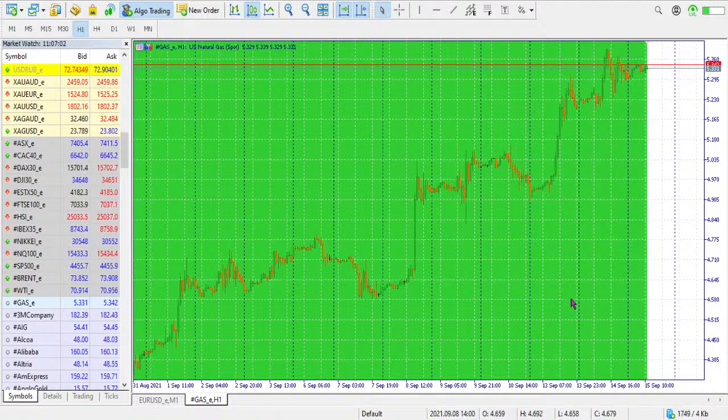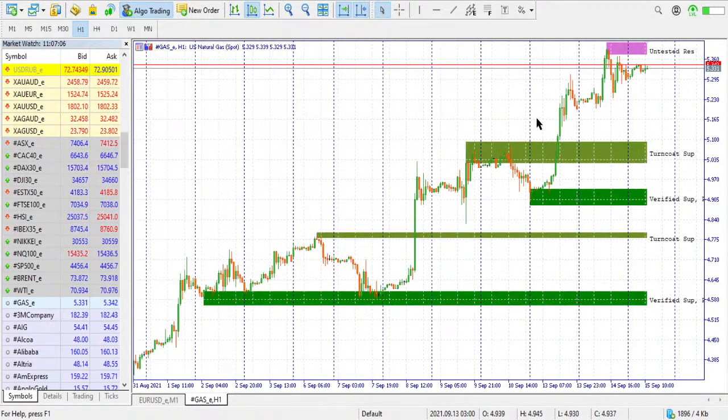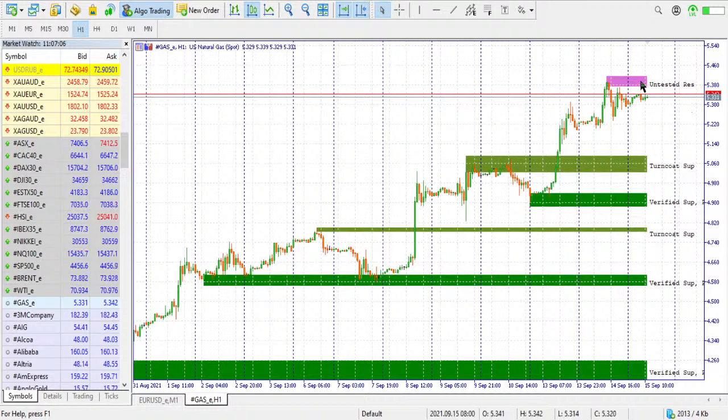There is no selling this symbol anytime soon. There is no resistance level. We do have an untested resistance level here, but on the last side we do have several support levels, which is this, and this one.